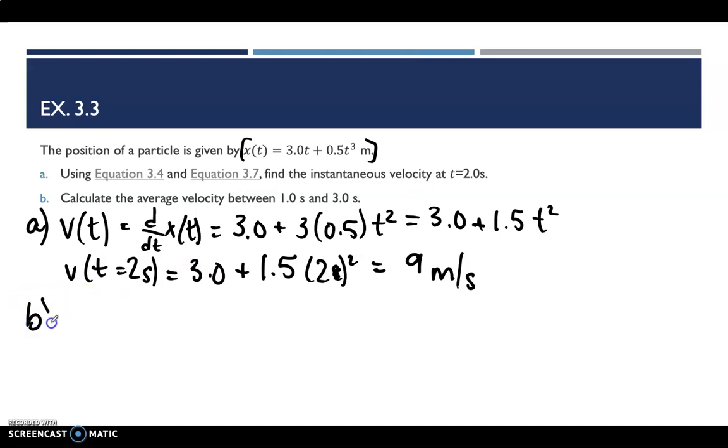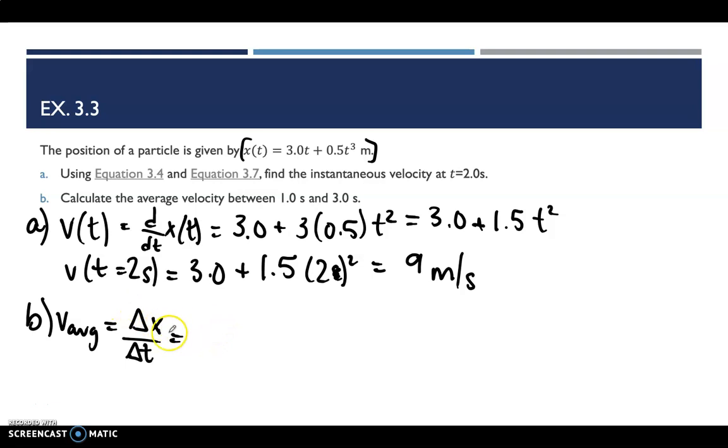Now for part B, it asks, calculate the average velocity between 1 and 3 seconds. So what you'll do is find your position at both of these times. Let me back up a little bit. Your average velocity is equal to the change in position over the change in time.